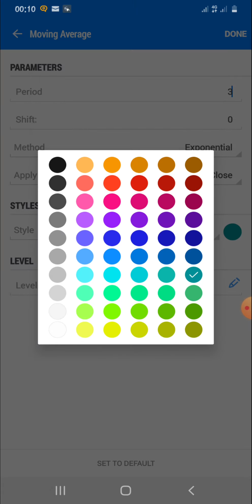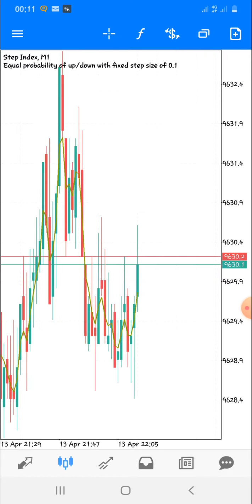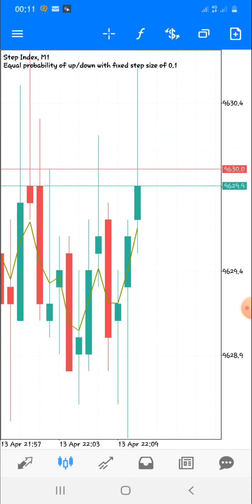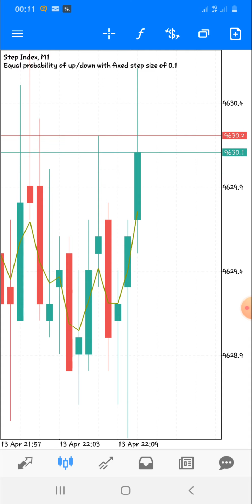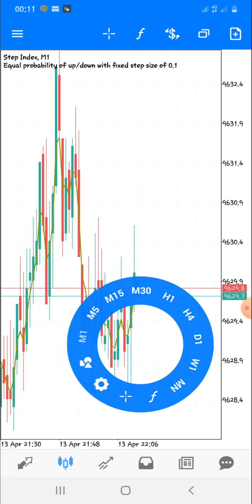I don't know the name of this color, but let's change the color to this color, and we click done. You see why I was supposed to make the color green. I didn't make it green so that we differentiate it from our bullish candlesticks on the main chart.